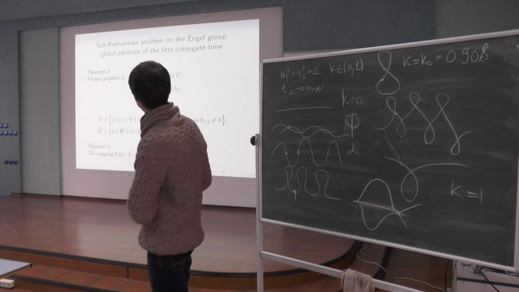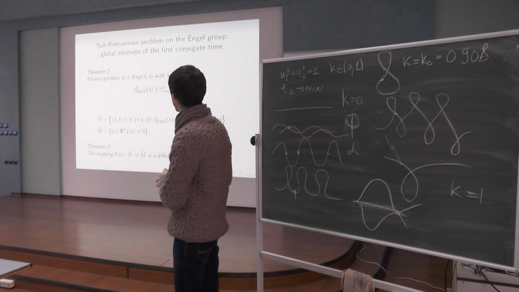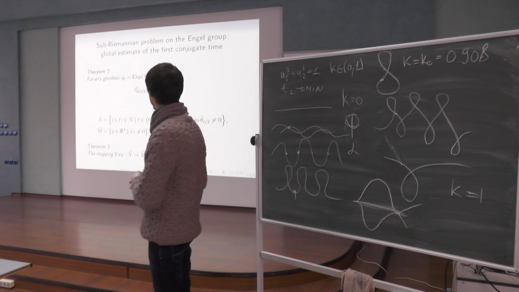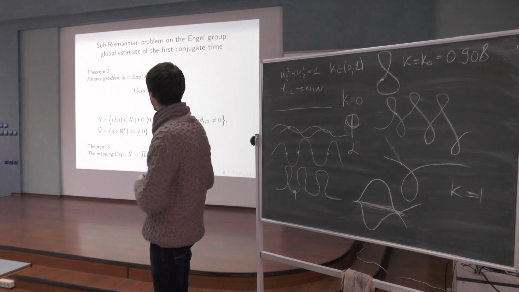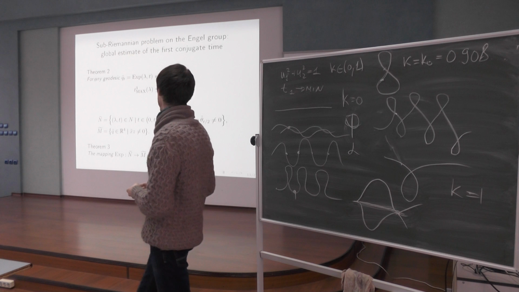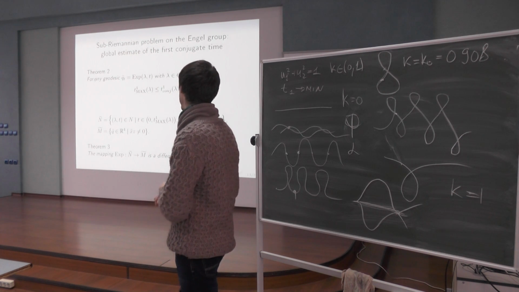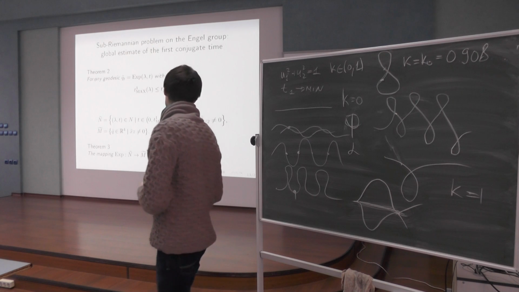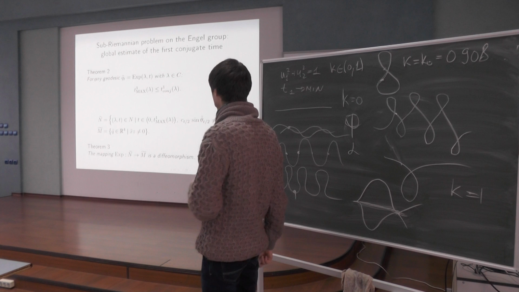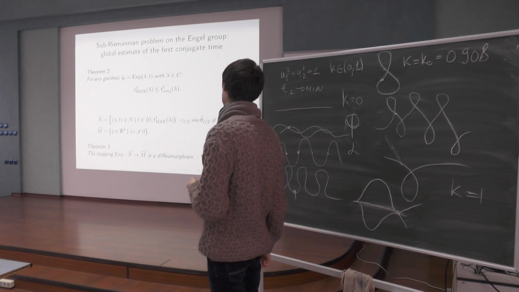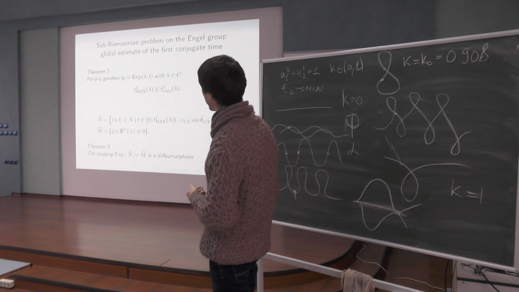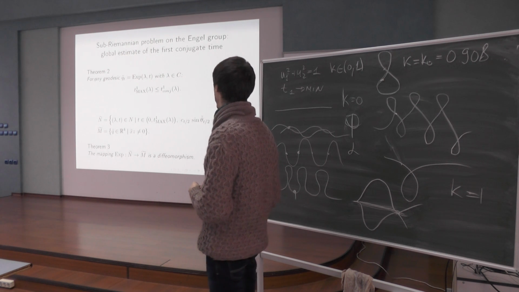So we obtain this estimation for the Maxwell time. We proved that the conjugate time is greater than the Maxwell time, and then we proved that on the domains which are cut out by the Maxwell time in the preimage and in the image, the exponential mapping is a diffeomorphism.